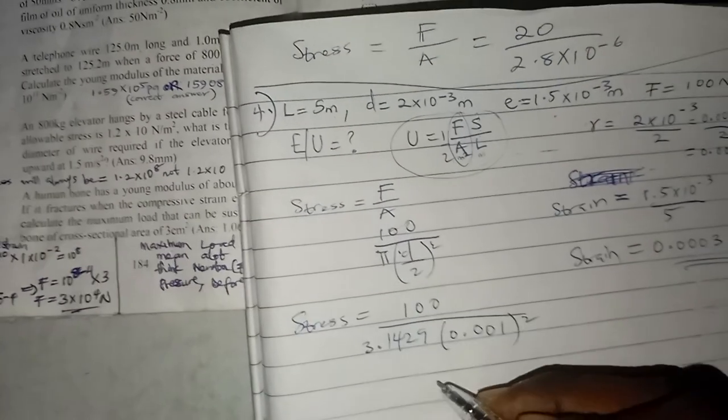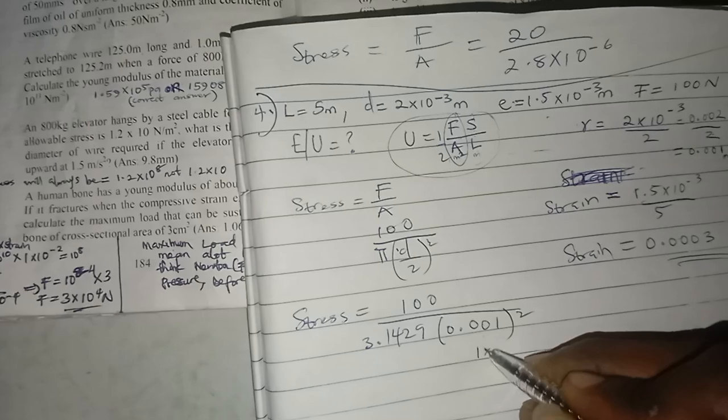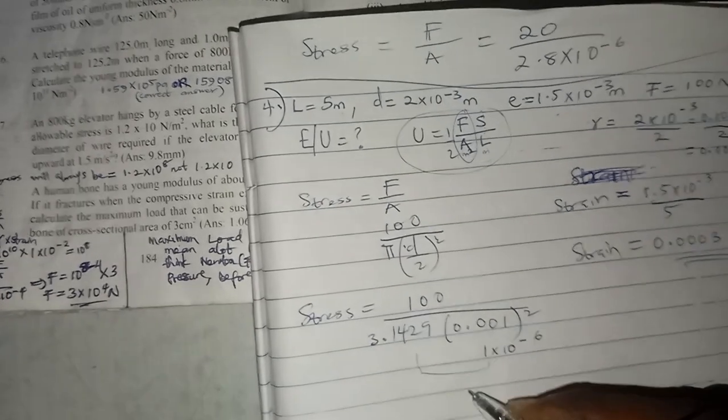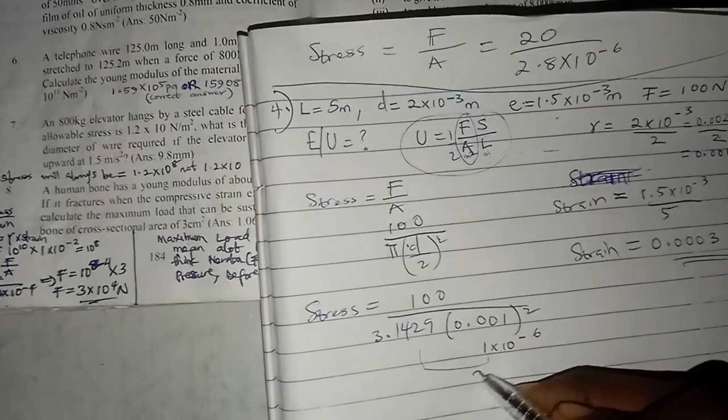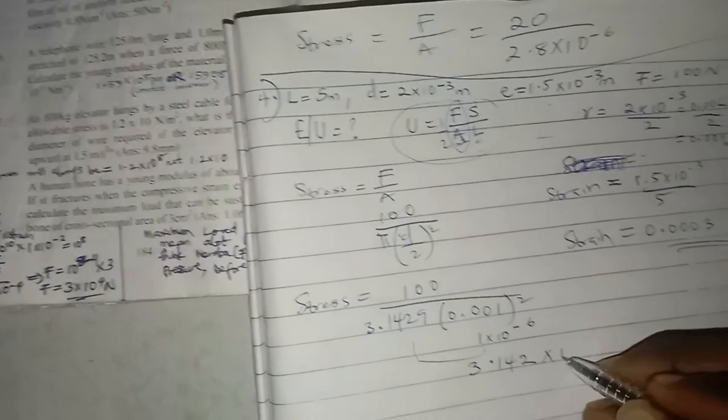So this is going to be the same thing as saying this one will give me 1 times 10 raised to the power minus 6. If you do the math very well, you get 3.142 times 10 raised to the power minus 6.